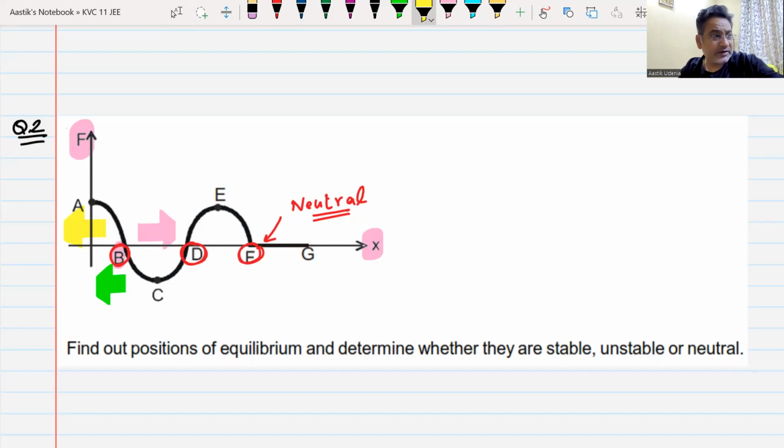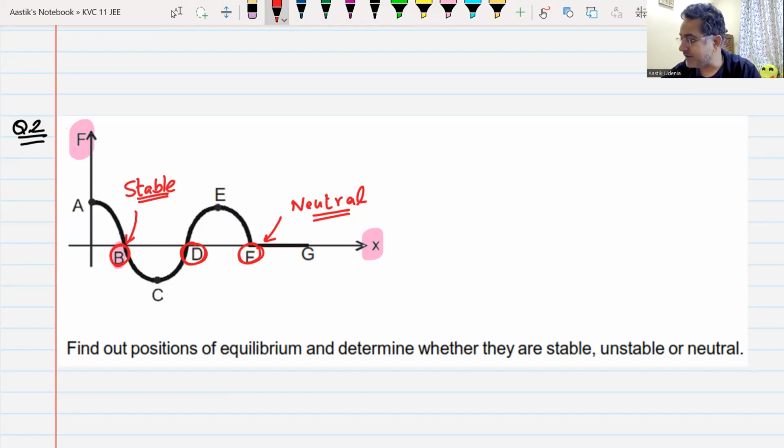When the particle goes in the positive direction, force is in the negative direction. When the particle goes in the negative direction, force is in the positive direction. So B is the point of stable equilibrium. Do we understand this?